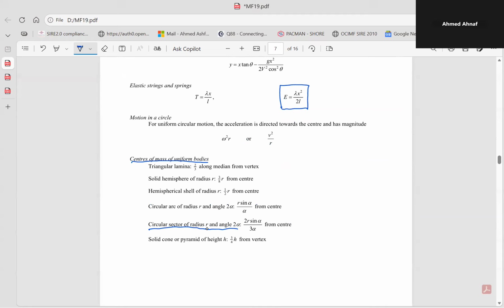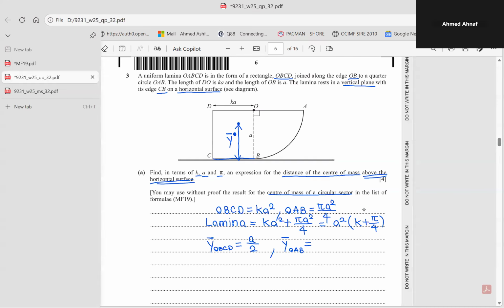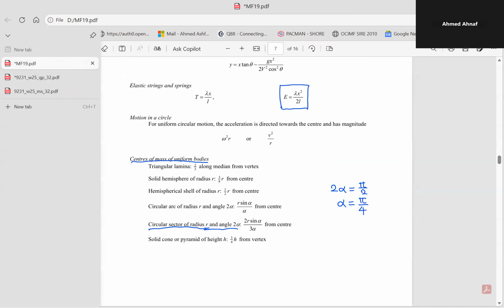A circular sector of radius r and angle 2 alpha. Since ours is a quarter circle, the angle is pi over 2, because of the right angle, so alpha is pi over 4, and r is just a.